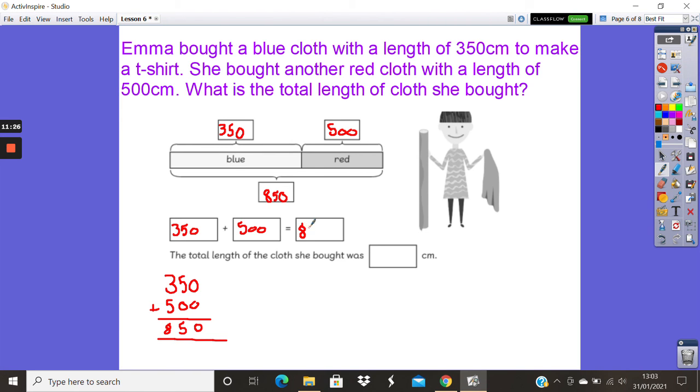Then I'll fill in my boxes. The total length of the cloth she bought was 850 centimetres.